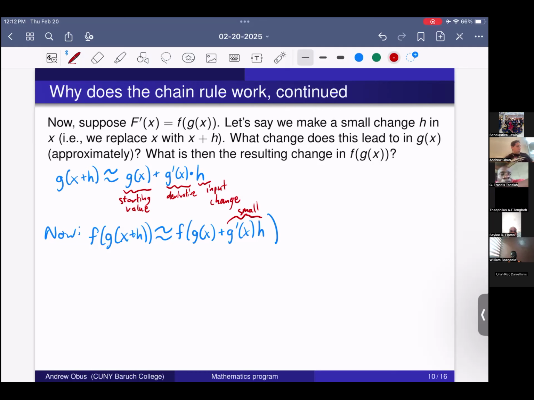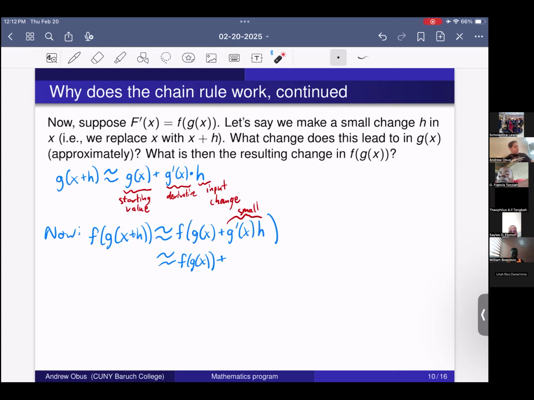So this is still small. And so what is it? Well, here we have f of g of x, but now you're making a small change in g of x. So this should be roughly equal to f of g of x plus, again, the derivative times the input change. So it's just the derivative of f, but what we're plugging in to f is g of x.